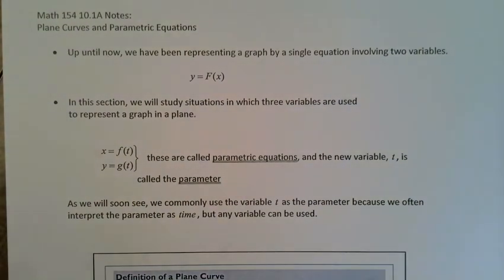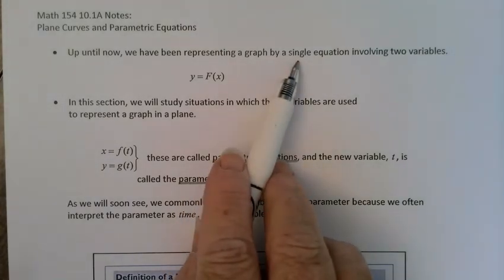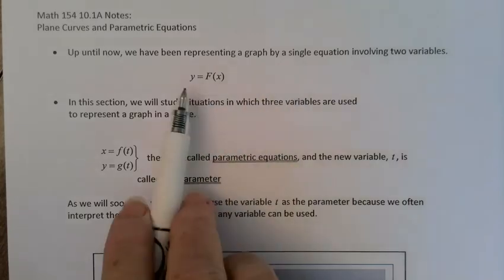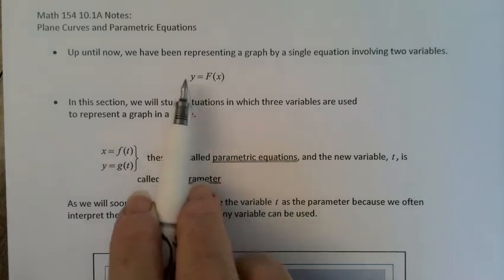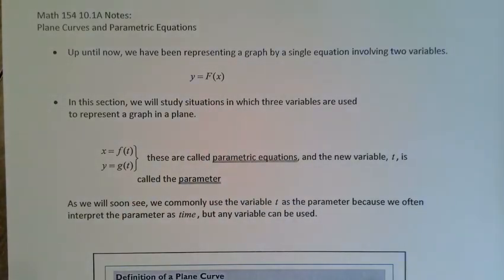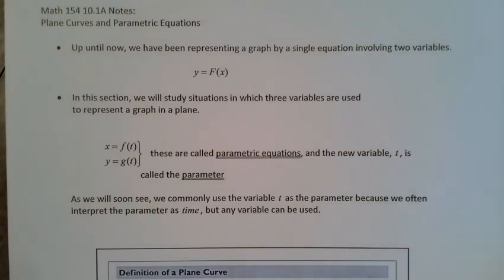Up to this point, we've always represented a graph just by a single equation involving two variables, right? Y was a function of x. So you had an input variable x, an output y, and you could plot the points on a graph. In this section, we're going to study situations in which three variables are used to represent a graph in a plane.